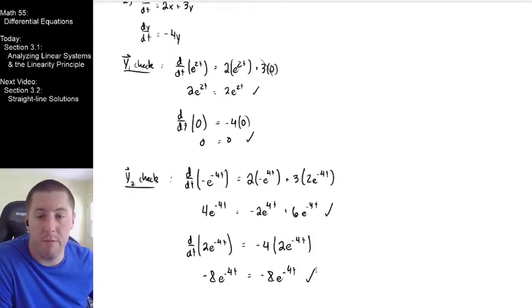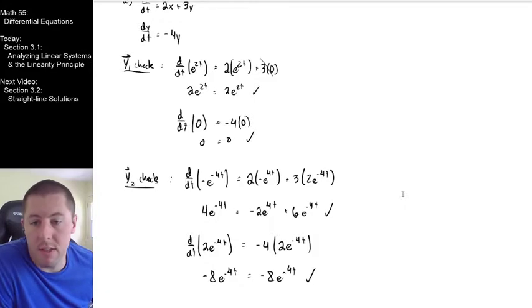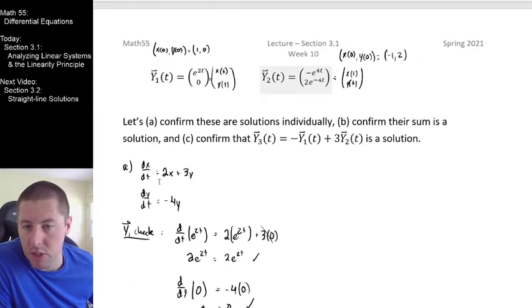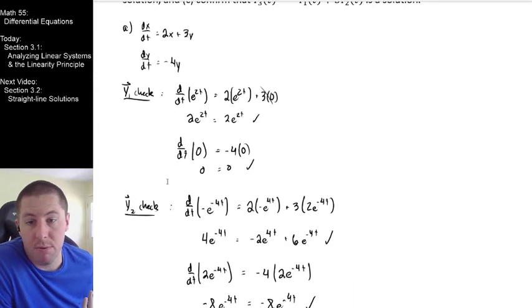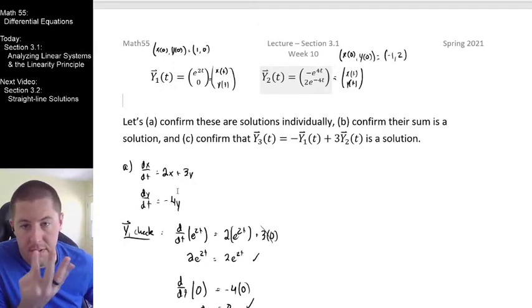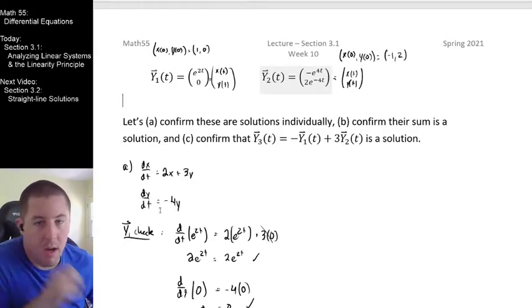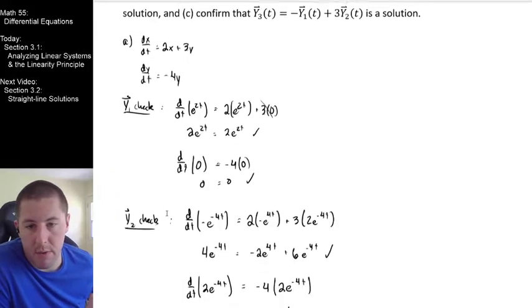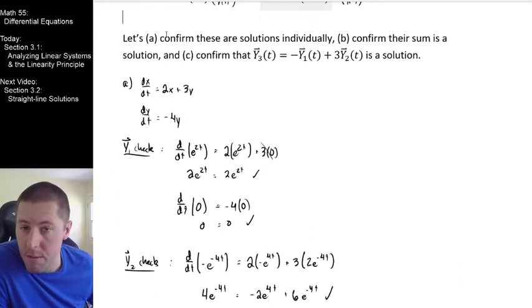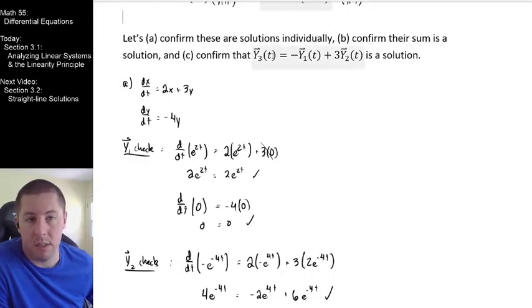So it does look like we've been able to confirm that this y1 and y2 that we came up with like a month ago now do in fact satisfy the original system of differential equations. And we just plugged in x and y everywhere we saw x and y, right? There are 5 variables of x and y mixed throughout there. We just threw in all the parts and we got equations that were all correct. So there's A. We confirmed that all of these are individually solutions.